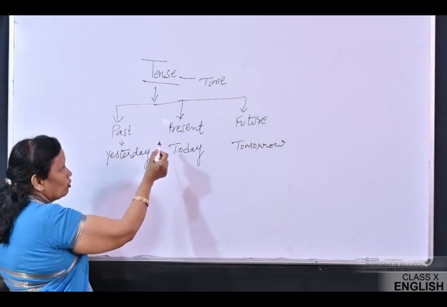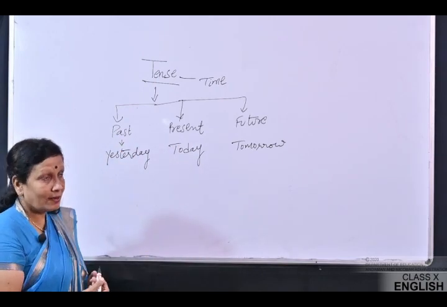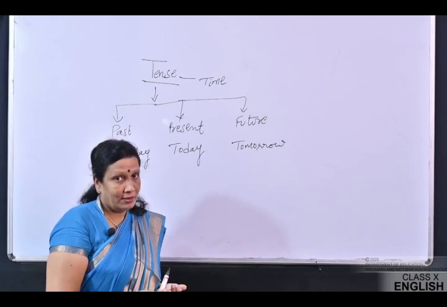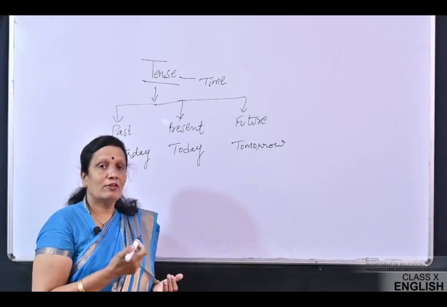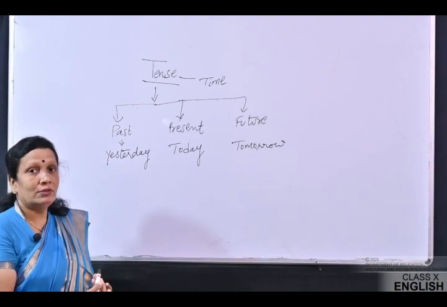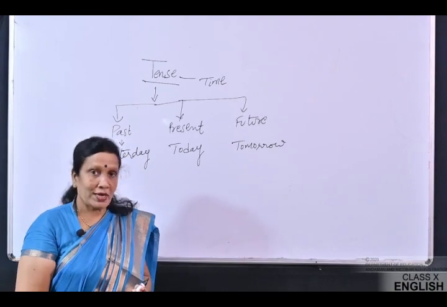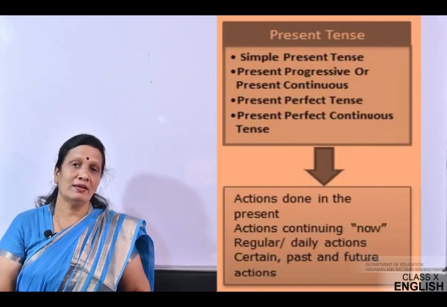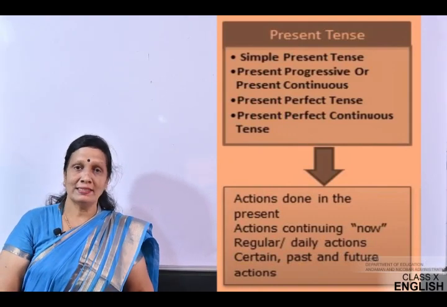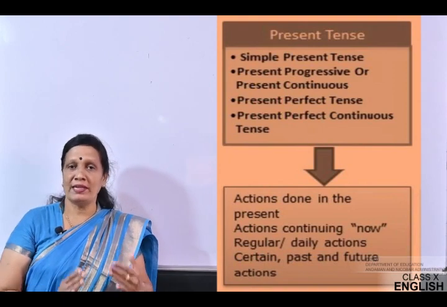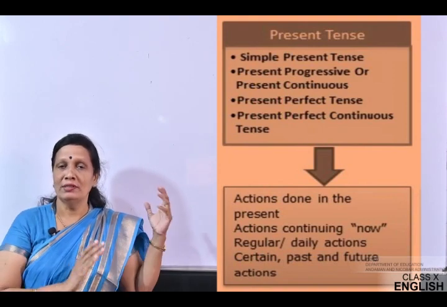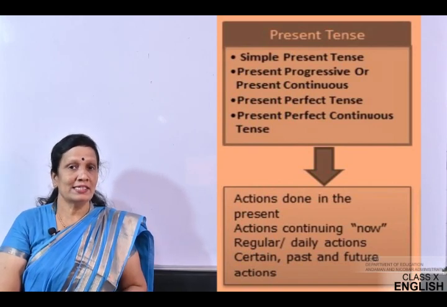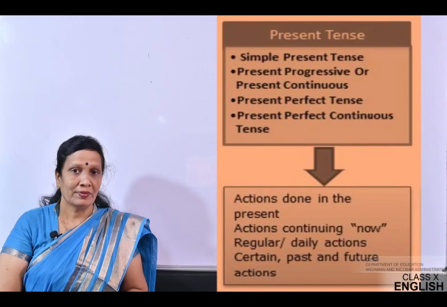Now, each of these three tenses, they have further different forms. Let's now look at the different forms of the tense and try to understand them. Now children, look at your screen very carefully and listen to the explanation which I am giving for the different forms of tenses. First, let's look at the present tense. Okay?